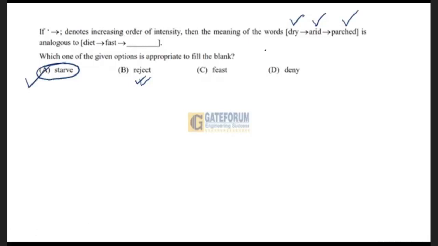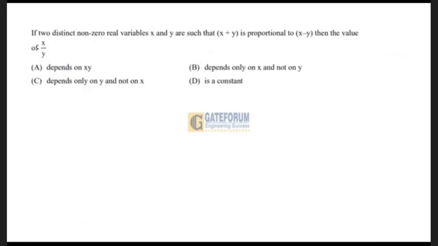Okay, this particular question has 1 mark. If 2 distinct non-zero real variables, x and y, are such that x plus y is proportional to x minus y, then the value of x by y will be what?